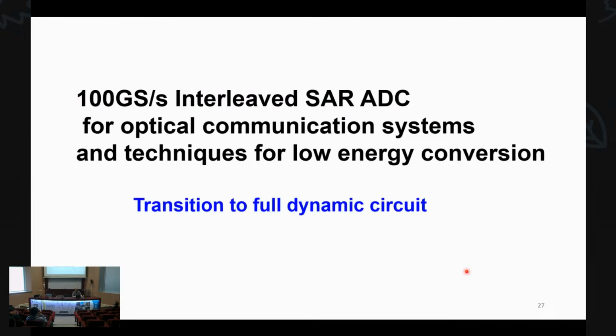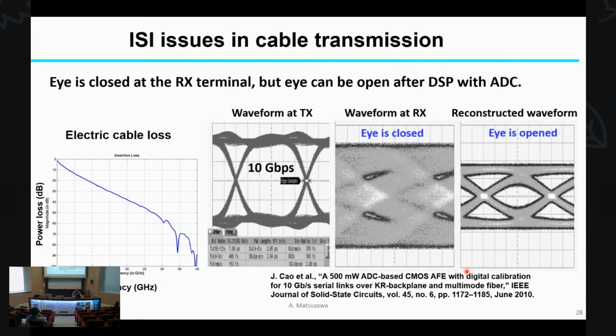So the next topic is optical communication. One serious issue of cable communication is that electric loss increases with increased frequency. Due to this effect, the RX waveform eye doesn't open.